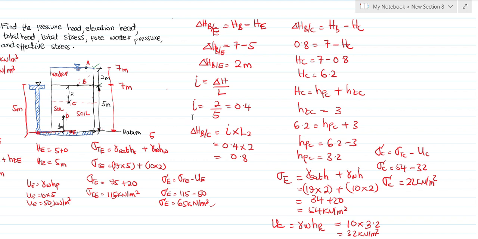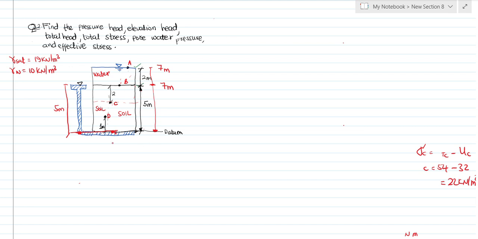Now let's look at point D. Alright, so let's look at point D. So before we can find anything at point D, we have to know the head loss at that point, right? Remember the direction is from B to D downwards, right? So we want to know the head loss between point B and what?